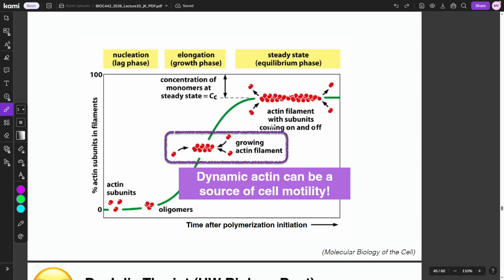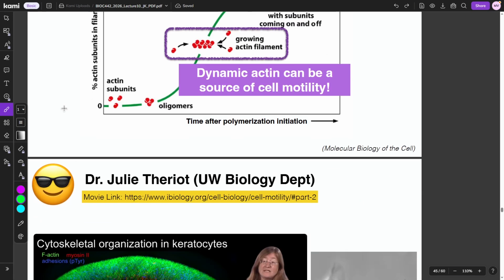As this is happening, the actin monomers are in a process of hydrolyzing ATP or not. So there's going to be some versions that have ATP bound and other versions that have ADP bound instead. And so there's a constant thing of it growing and shrinking at the same time. So it might seem like it's staying the same size, or it might seem like it's growing. It depends on which side is growing, which side is shrinking.